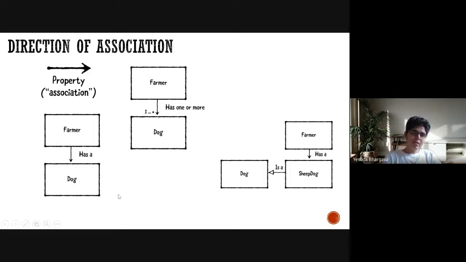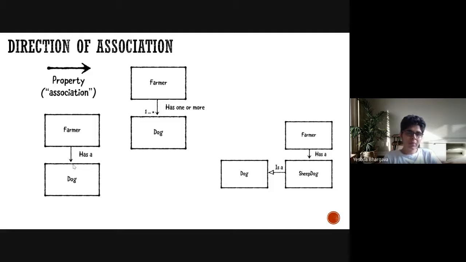So, for example, when you show this kind of relationship, let's say between a farmer class and a dog class, if it's a one directional relationship, you could say the farmer has a dog. Now, obviously, a counter argument could be that a dog could also belong to a particular farmer, right?